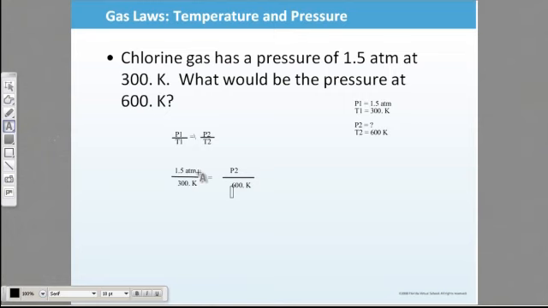All right, so now when they're equalities like this, of course, you know in math we cross multiply. So 1.5 times 600, P2 times 300. I got 600 times 1.5. That's equal to 300 times P2. All right, so on the left side we have 900 Kelvin atmosphere equals 300 Kelvin P2 on the right side.